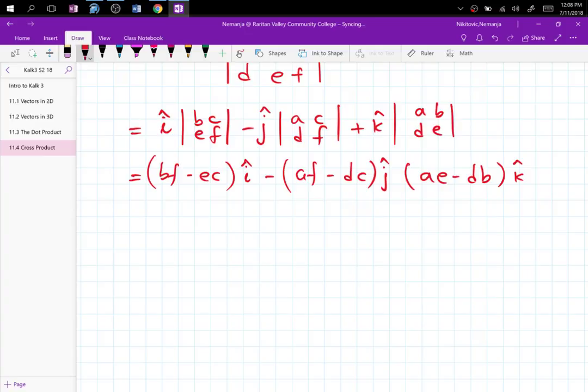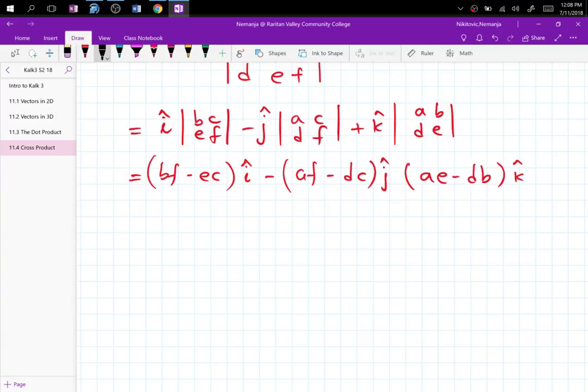What is the result? The result is another 3D vector. So the cross product will produce another 3D vector. The dot product gives us a scalar. The cross product gives us a vector.